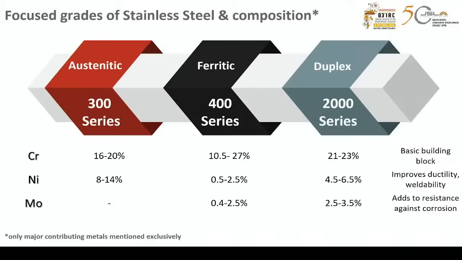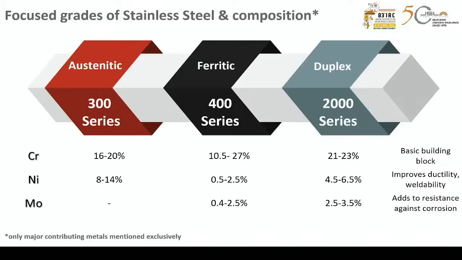As per the definition in the global scenario, any steel which has 10.5% plus chromium is ideally a stainless steel. So chromium is the basic building block for stainless steel. Nickel adds to the ductility and the weldability, and molybdenum is the delta when it comes to corrosion protection.